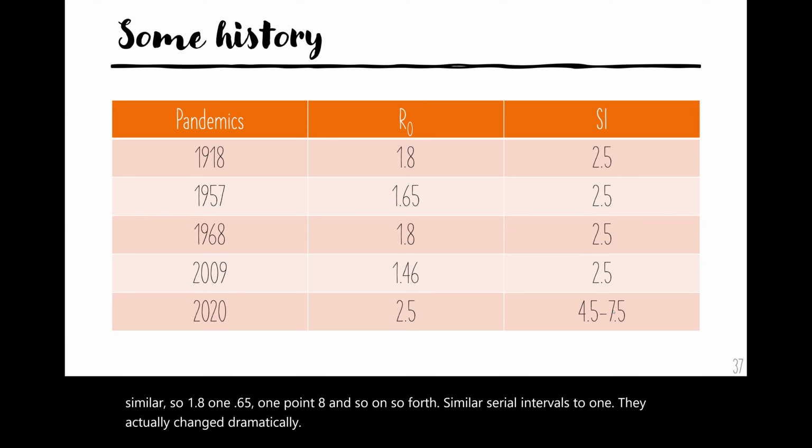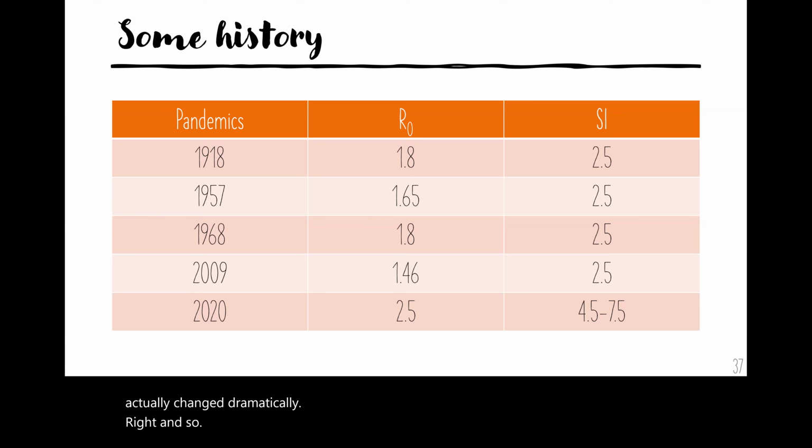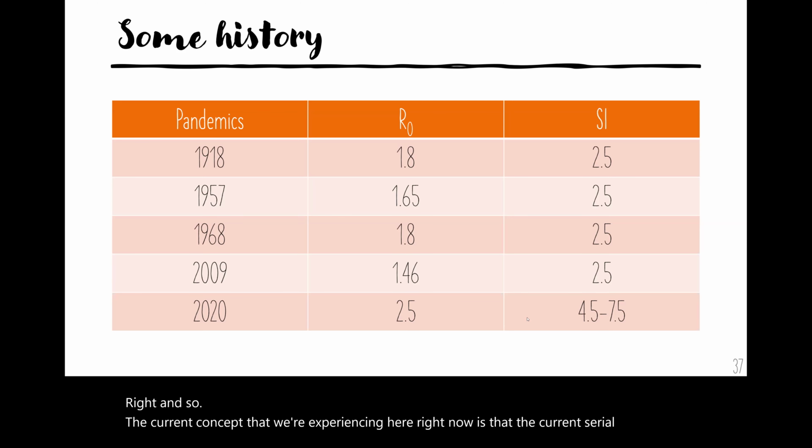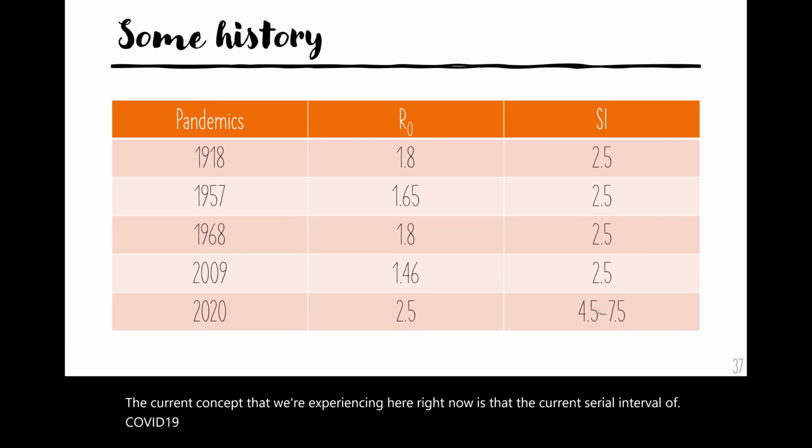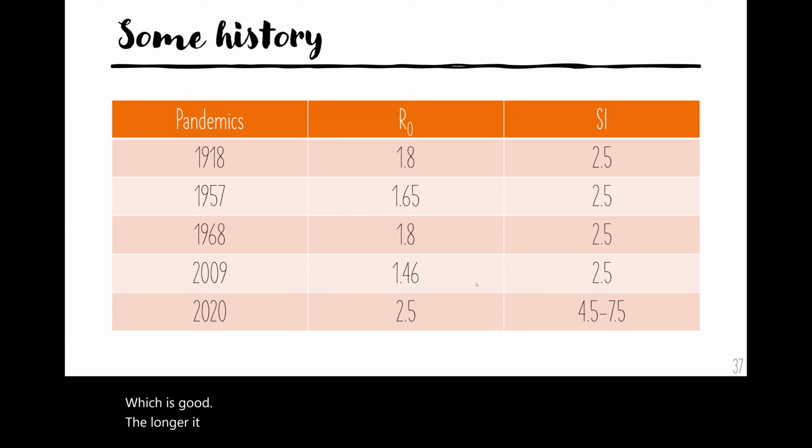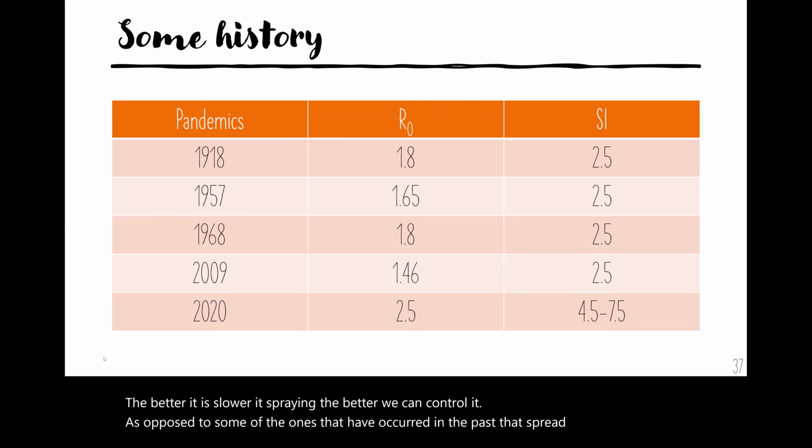The current serial interval of COVID-19 seems to fall somewhere between 5 to 8 days or so, which is good. The longer it takes to spread, the better. The slower it's spreading, the better we can control it, as opposed to some of the ones that have occurred in the past that spread like wildfire and 50 to 100 million people died.